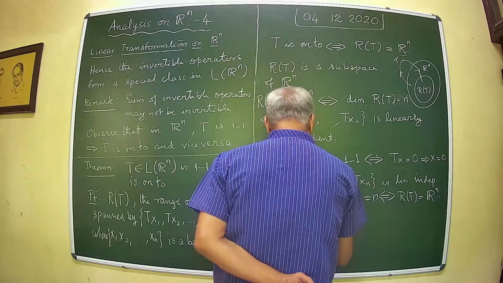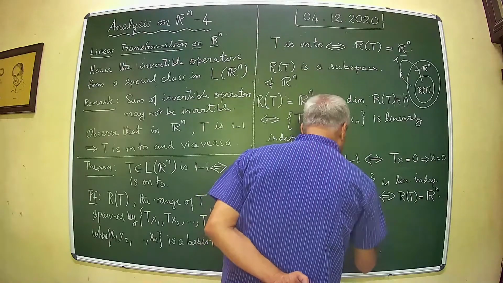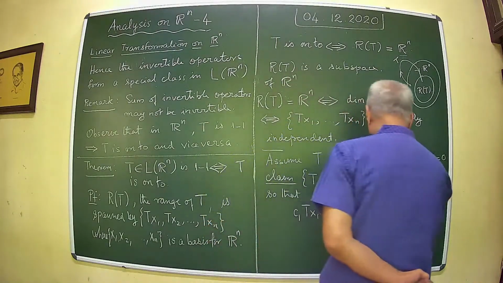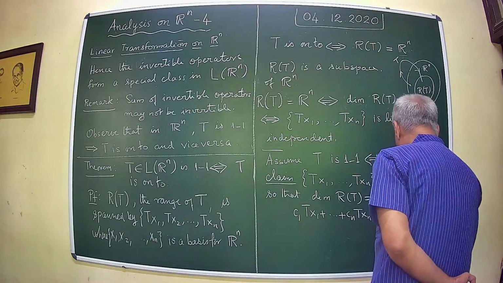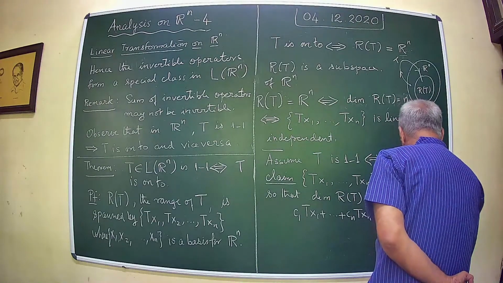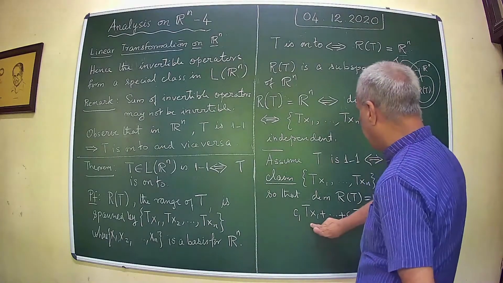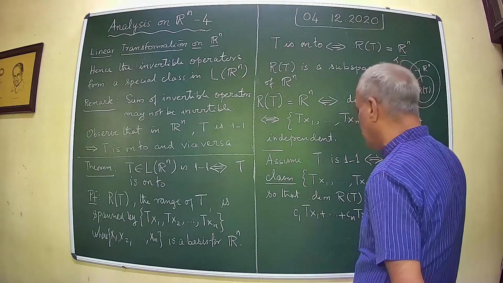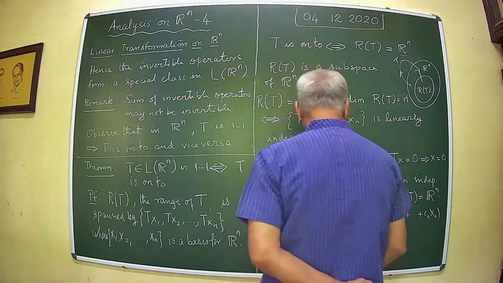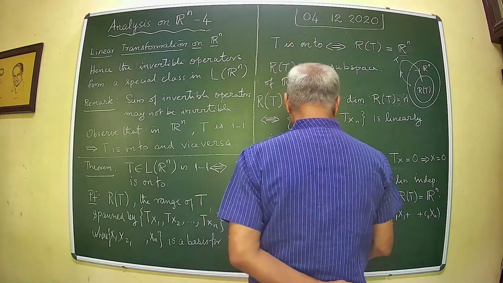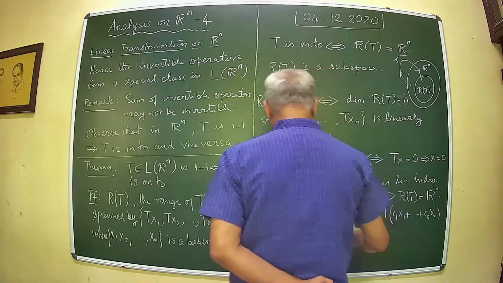So C1 Tx1 plus and so on, this is equal to T of C1 x1 plus and so on. Now if you want to prove that Tx1, Tx2, etc., Txn is linearly independent, all that you need is that if this is equal to 0, then C1 equal to 0, C2 equal to 0, etc., Cn equal to 0.